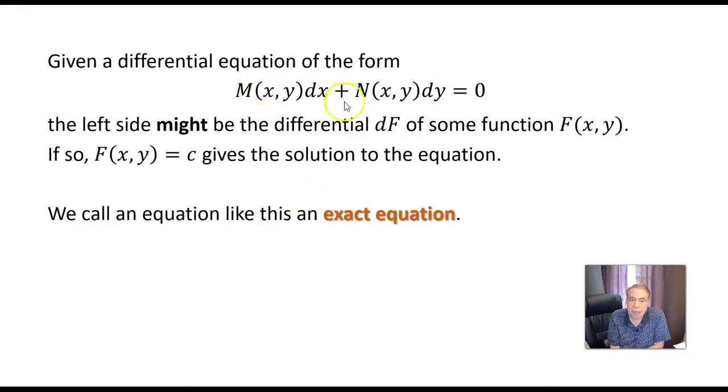And in a case like that, we call the equation an exact equation. So an exact equation is one where you've got the differential of some function equal to 0. Or equal to a constant, and if you had some constant over here other than 0, you could subtract it on both sides or do something like that to it.